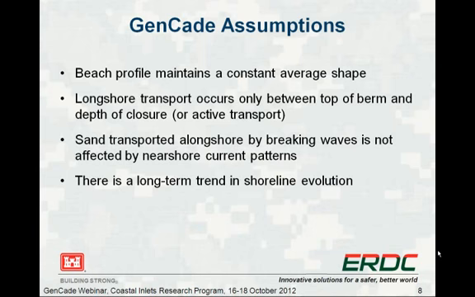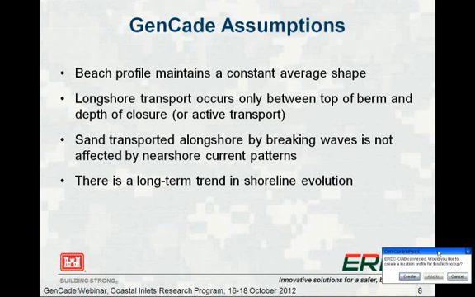The third is that sand transported alongshore by breaking waves is not affected by nearshore current patterns. And then the last is that there's a long-term trend in shoreline evolution. This implies that the wave action producing longshore transport and boundary conditions are the major factors controlling long-term beach change.